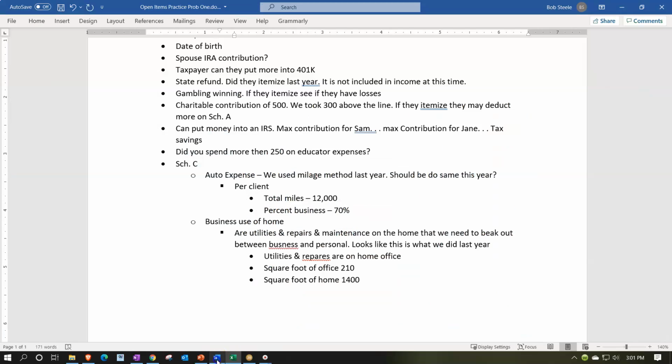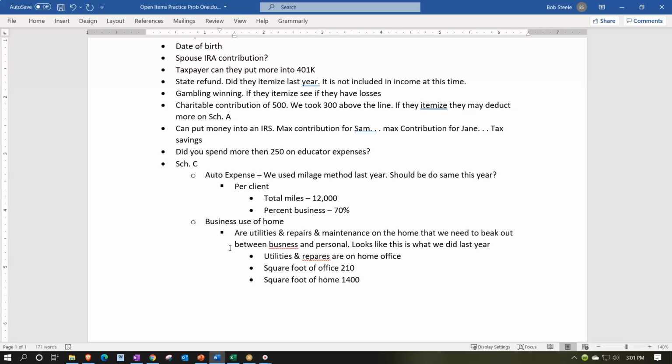To ask that, we'll typically say, hey, look, you've got utilities on there. Do you have a separate office, or do you use a business use of the home? And if you're using the business use of the home, are the total expenses that you gave me the total expenses that include both business and personal, that I need to then break out to the business portion using our business office method, the proportional method?